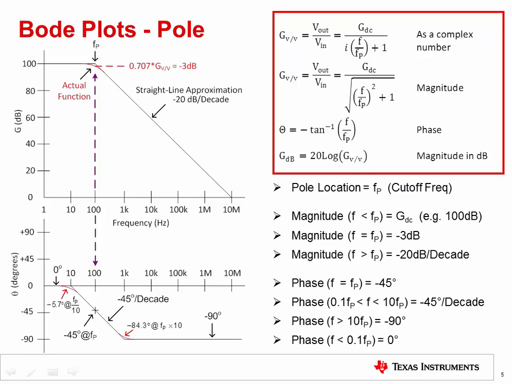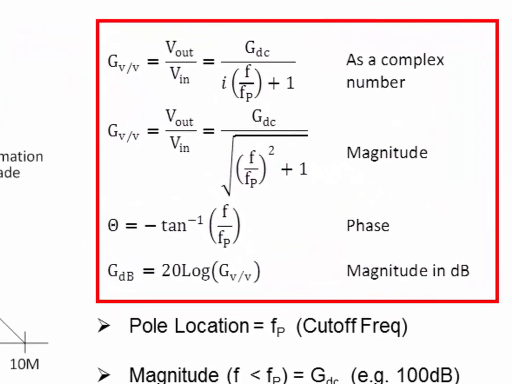This slide illustrates the equations for a pole and its associated response. Later, we will provide a real-world circuit example for a pole. Looking at the equations, you can see that the first equation represents a pole as a complex number. Complex numbers have a real and imaginary part. For practical circuits, the complex function is converted to a magnitude and phase.